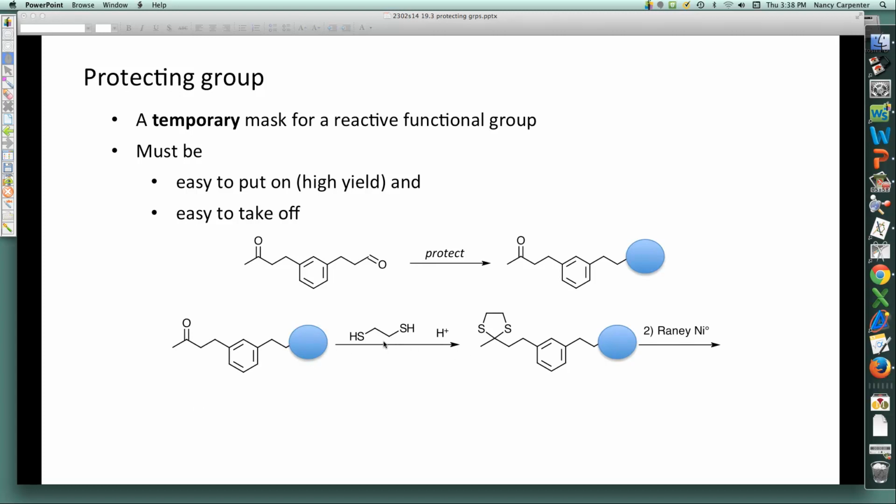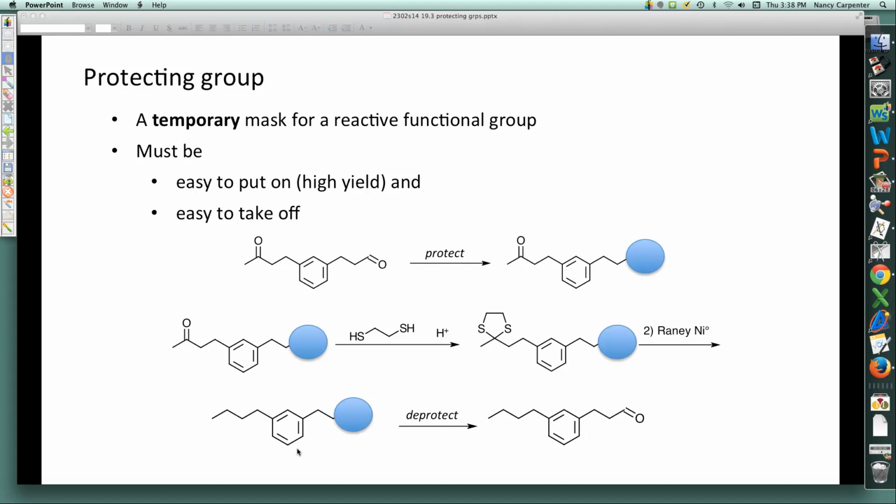The thiol now is forced to react with the less reactive ketone because there's no other choice. It doesn't even know there's an aldehyde there. The thiol ketal is formed. I can then add my Raney nickel, get my reduced product, and now all I have to do is deprotect, remove that temporary mask to get my final product.